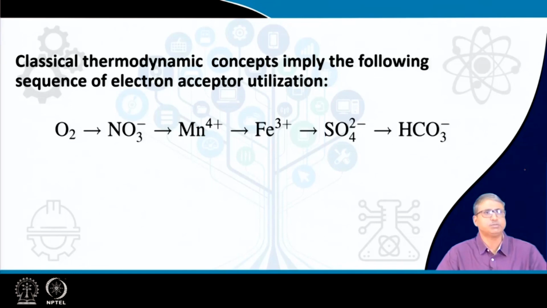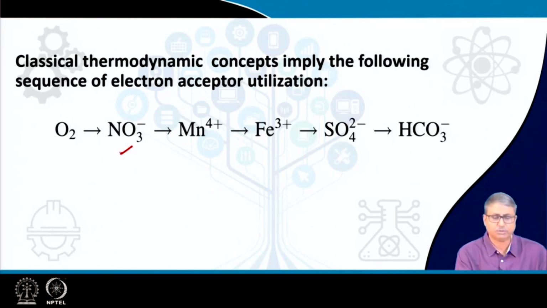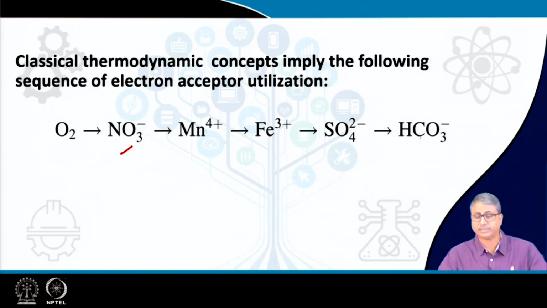Naturally, the aerobic processes will gradually play minor roles, and the denitrification process using nitrate as electron acceptor, then manganese reducing process followed by iron, sulfate, and eventually the methanogens will come into play, where they use carbon dioxide as the electron acceptor and produce methane, and all this process will drive the biodegradation of the organic compound.